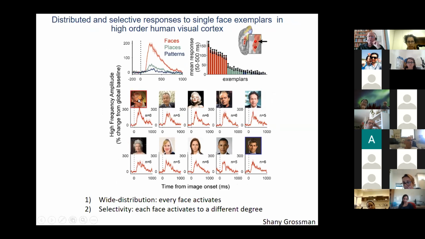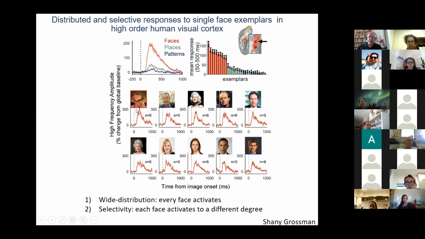First, you see that this contact responds to all face images presented. We rarely find a face that does not activate a face selective contact. So their activation is very distributed, involving probably millions of neurons. Every face gets some activation.